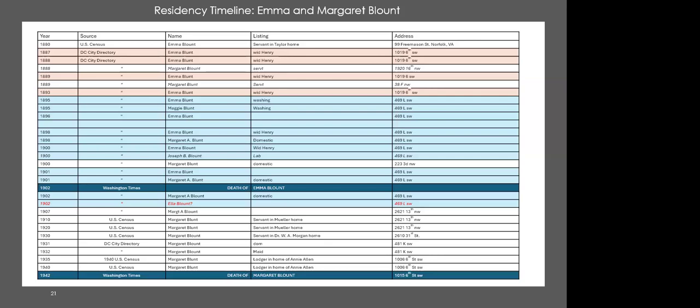An interesting thing happened in 1900, though. Look at that. Joseph B. Blunt is living, at least at the time the city directory was made, at his mother's house in Washington, D.C. This was one of two things that cinched this case for me, because all along as I was doing this work, I was never 100% sure that this lady that I was following from Norfolk to DC was actually the same Emma Blunt that I knew to be the mother of Joseph.